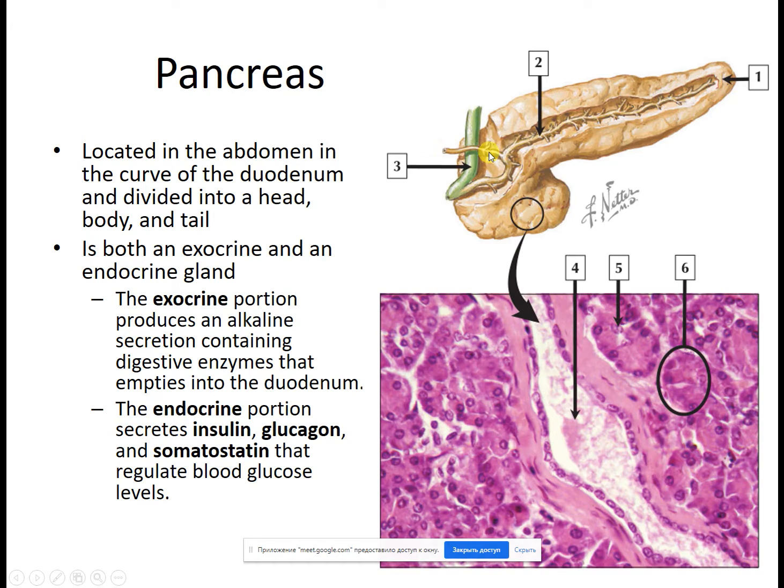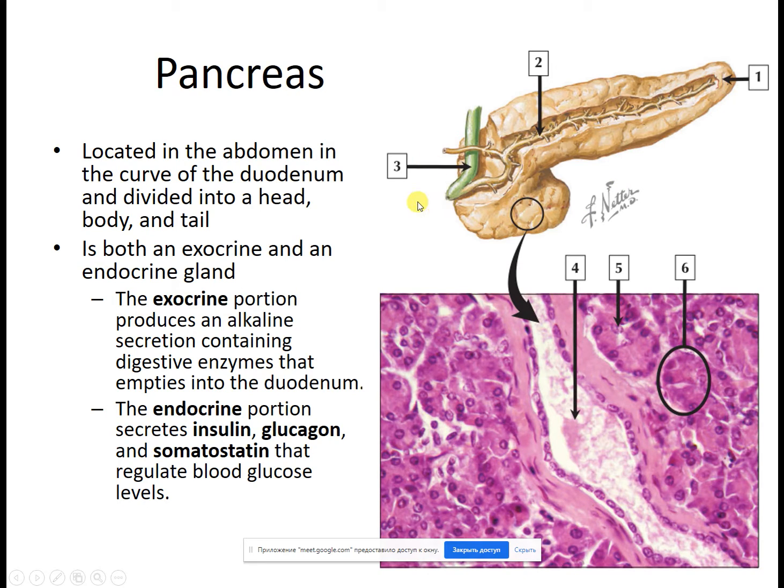And another portion, the tail, and this portion of the pancreatic duct, is derived from the dorsal portion of the pancreatic duct, which is directly bound to the small intestine, to the duodenum.